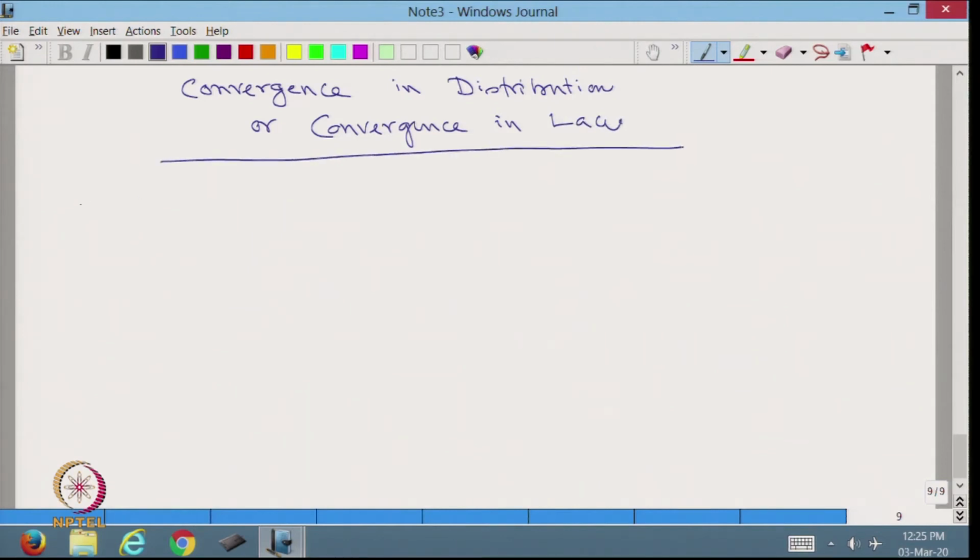To understand that, let us first consider a sequence Fn of distribution functions.